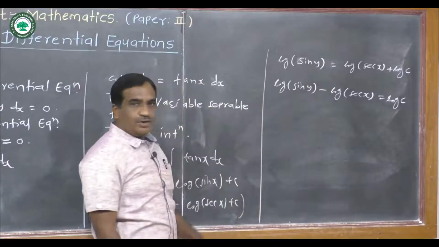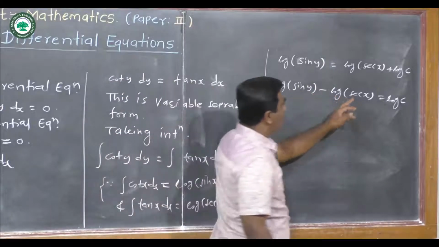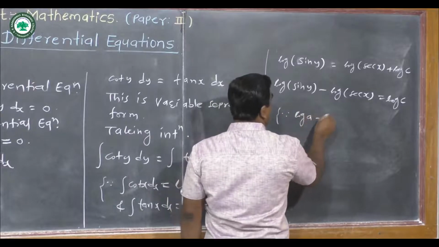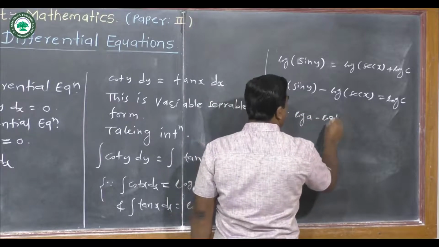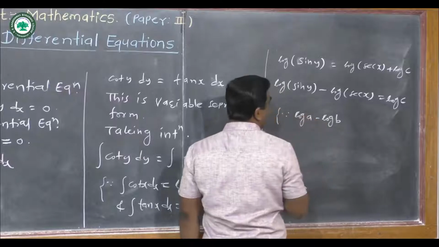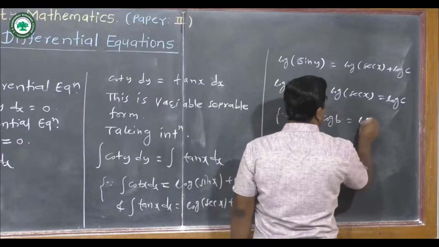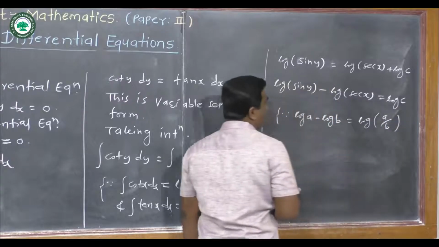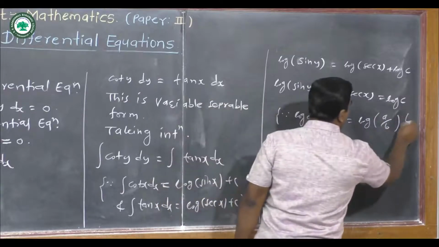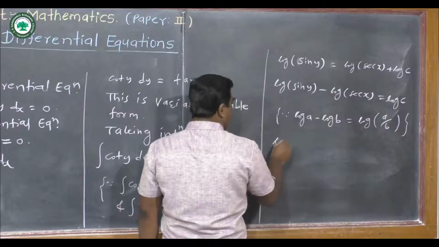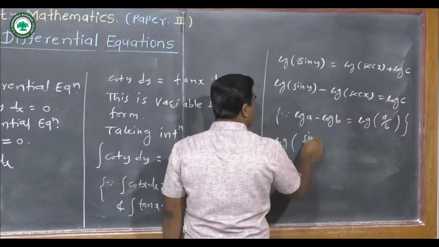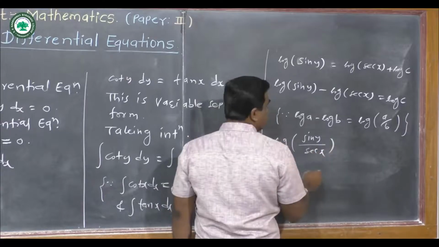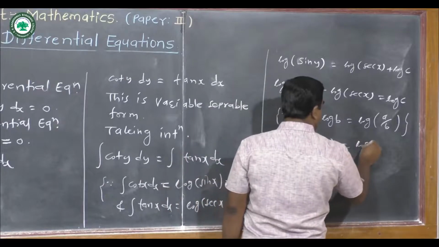Now we can use the formula: log a minus log b is equal to log of a upon b. Using this formula, we can write log of sin y upon sec x is equal to log c.